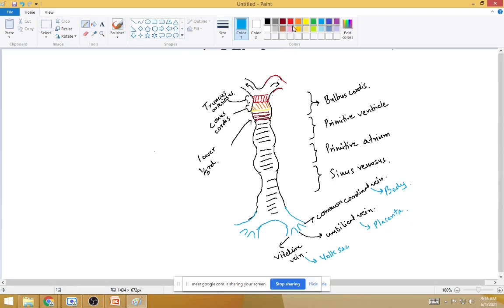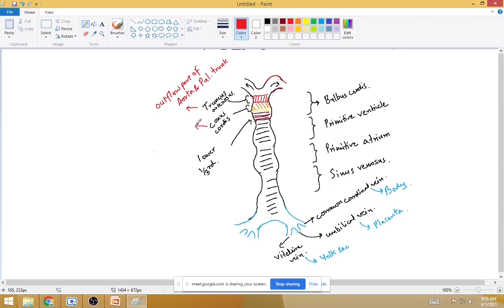Now the truncus arteriosus will be forming the outflow part of the aorta and the pulmonary trunk, the proximal part of the aorta and pulmonary trunk.